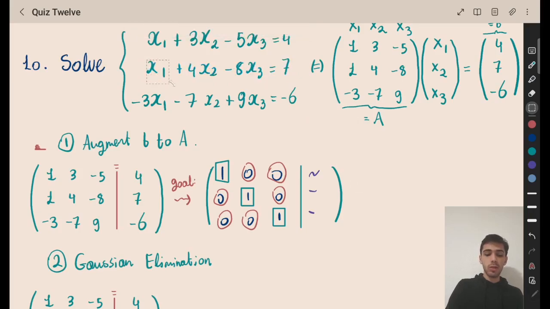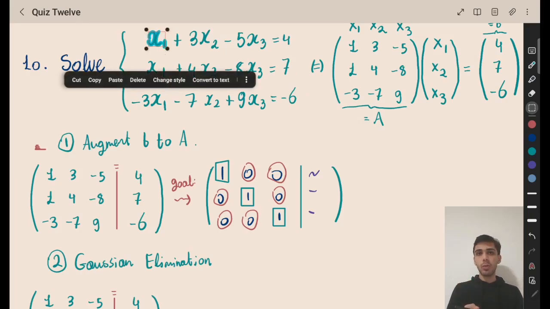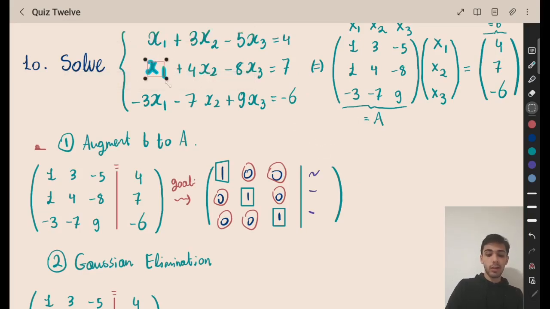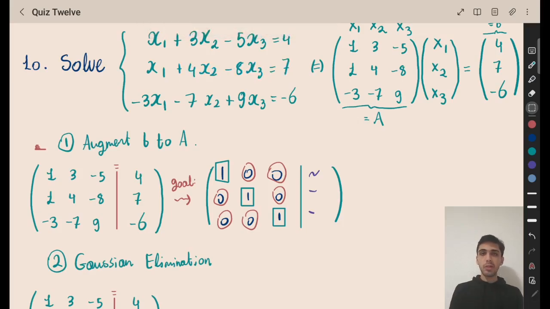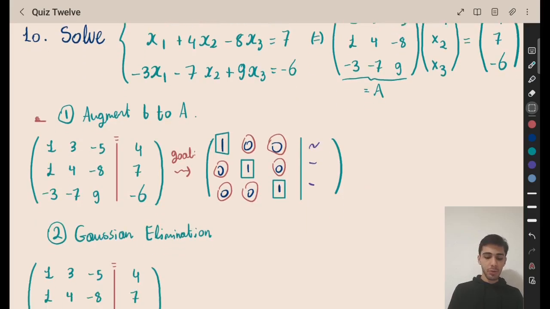And when I do this, the x1 goes away because the negative counterpart is going to be minus x1. I add the minus x1 to x1, I get a 0 here. Yes, I get some new stuff for the other components, but step by step, if I keep eliminating components, then I can reach my ultimate goal.